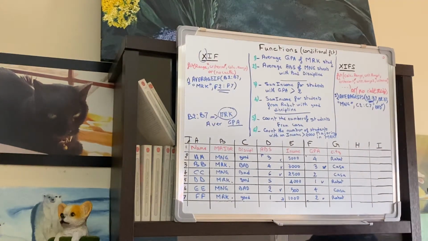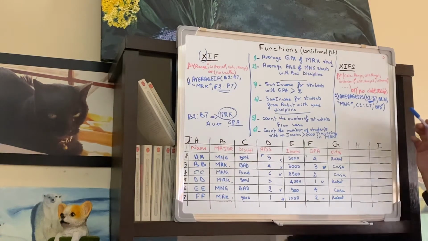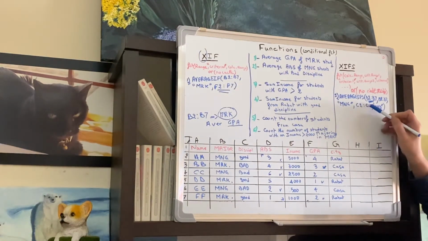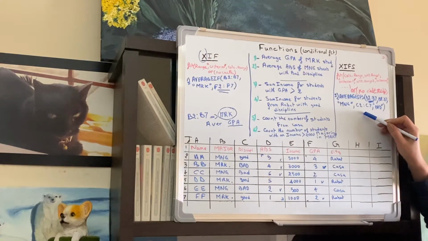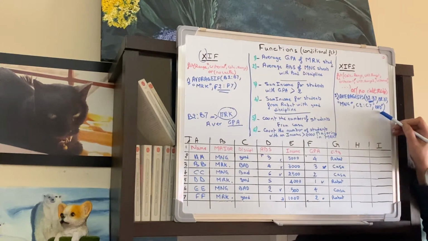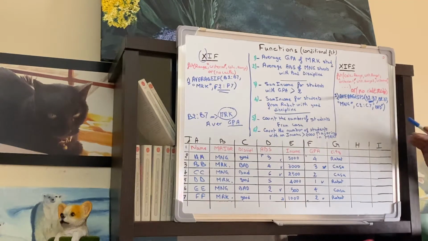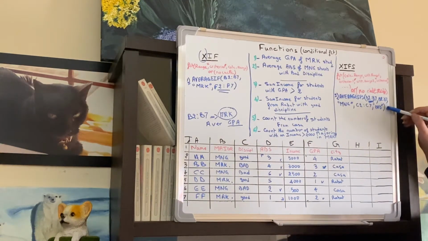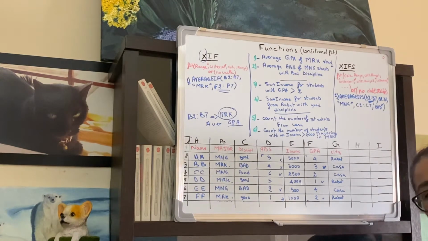And then you put the range where you're looking for a criterion, then the first criterion, then the range where you're looking for the second criterion, then the second criterion, then the range for the third criterion, then the third criterion, etc. And once you finish, you close the parenthesis, okay?